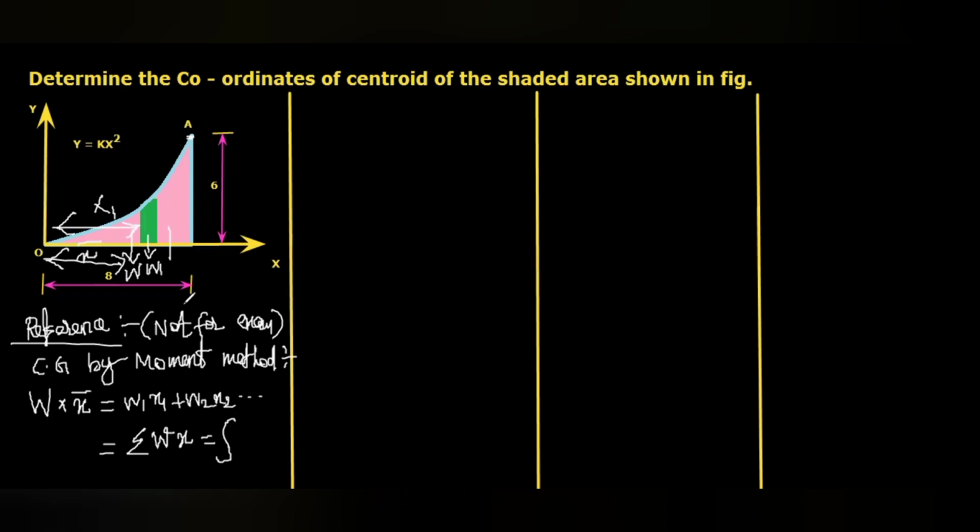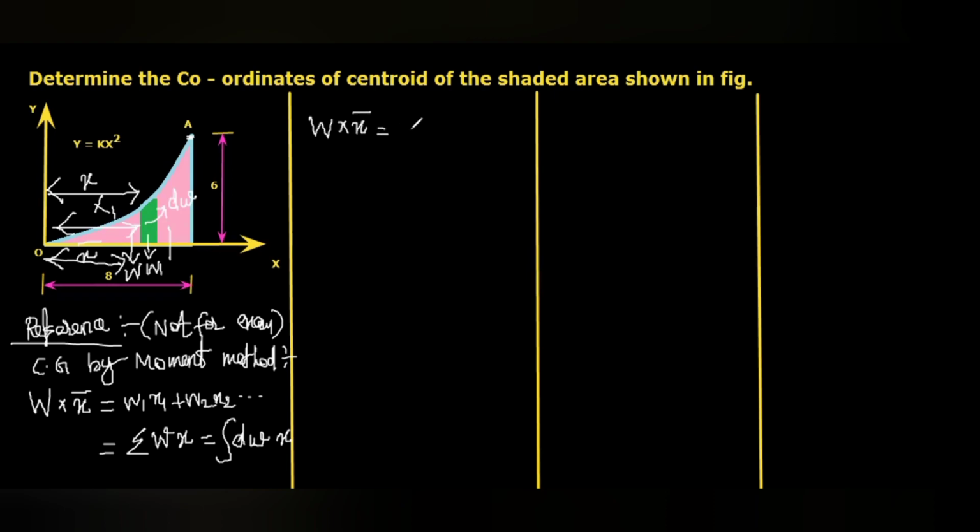Here I'm going to take a small strip, which has a weight dW, at a distance X from the origin. So W multiplied with X bar, the total weight and the distance of the line of action of the weight from the origin, is the moment.